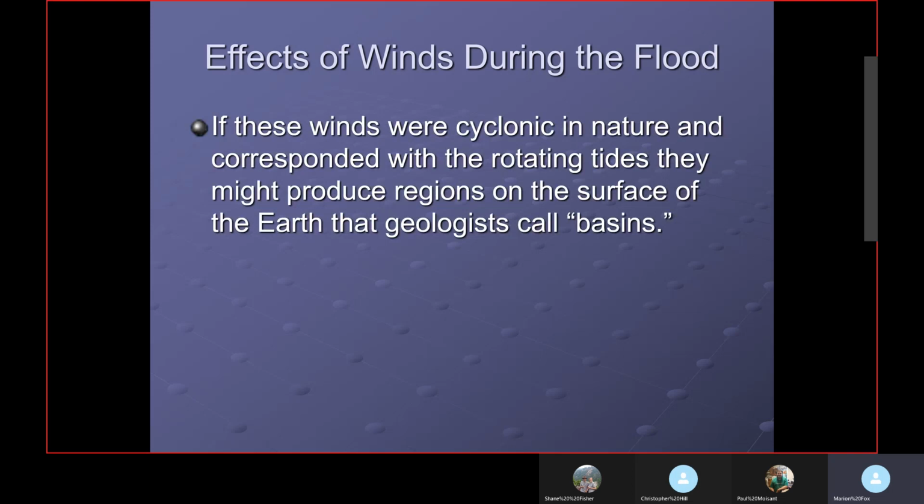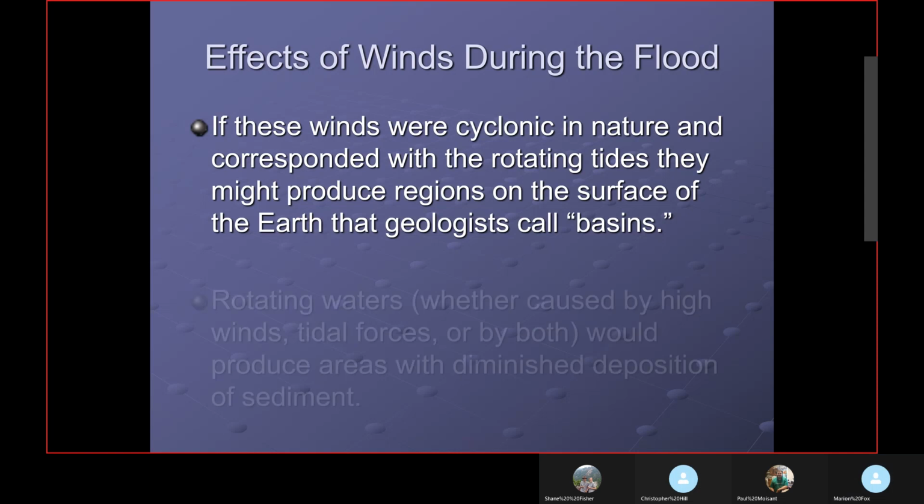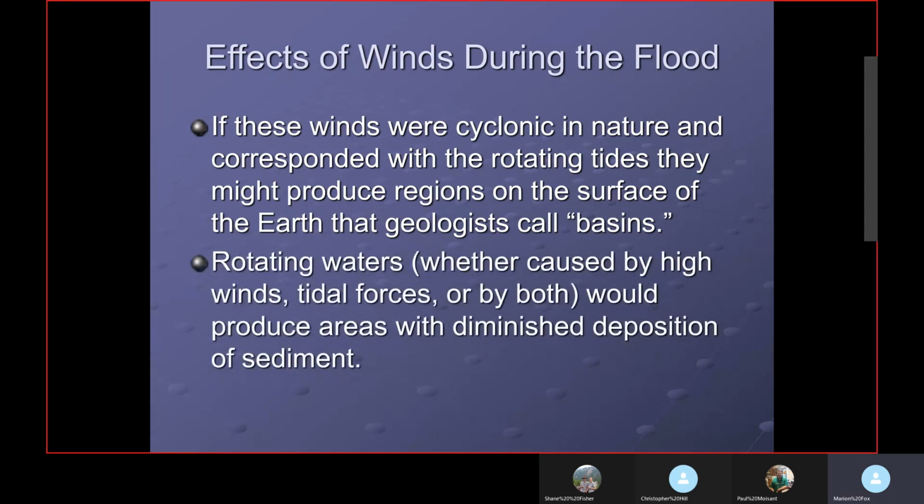These winds were cyclonic, rotating in a circular operation in nature, corresponding with the rotating tide. They produce regions of the surface of the Earth that geologists call basins. Heading waters, whether caused by high waters, tidal forces, or both, would produce areas with diminished deposition of sediment as well.